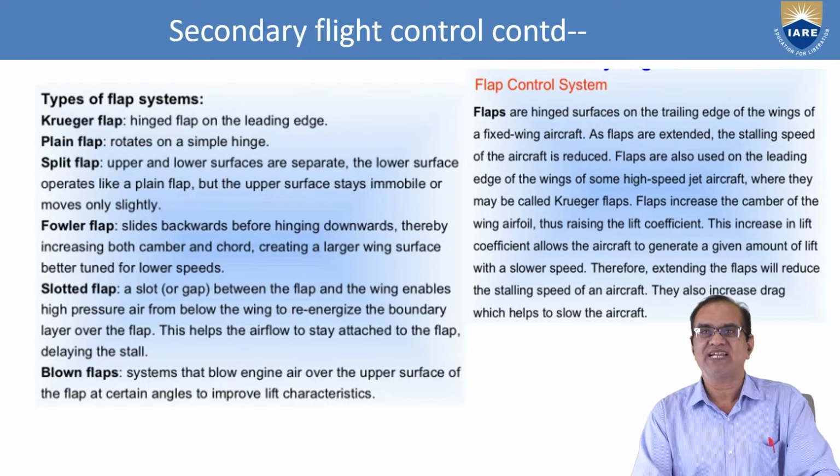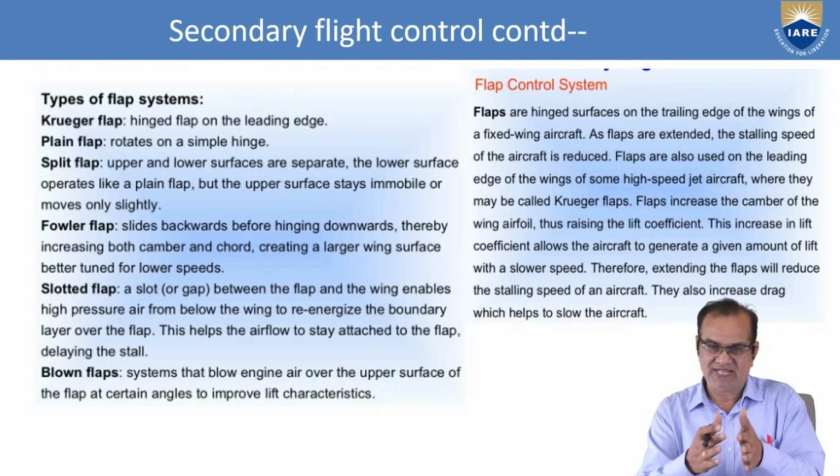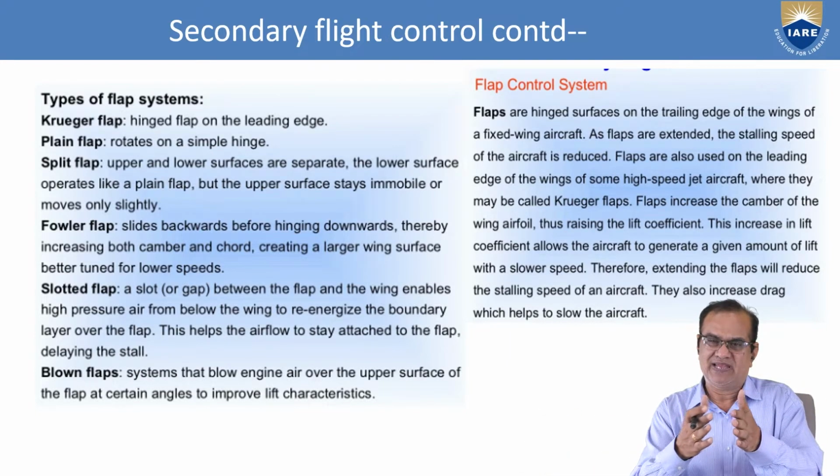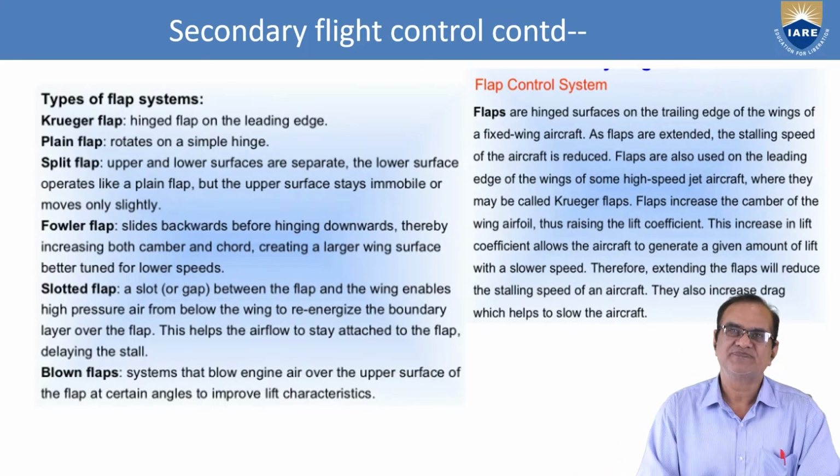Fowler flaps slide backward before hinging downwards, thereby increasing both camber and chord, creating a larger wing surface better tuned for lower speeds. So in these Fowler flaps, your chord will also increase, and angle of attack will also increase.